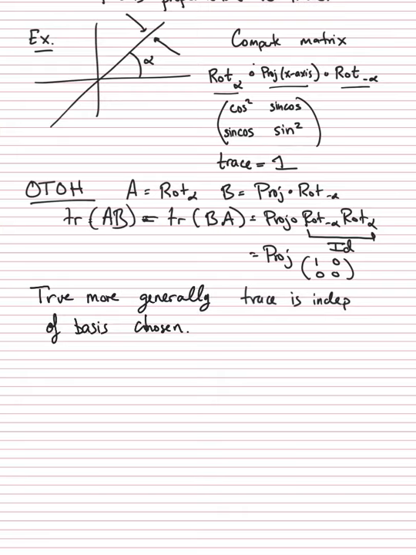So if I have a linear transformation which goes from V to V, and I choose one matrix A and another matrix A prime, these are the matrices for T in two different bases.